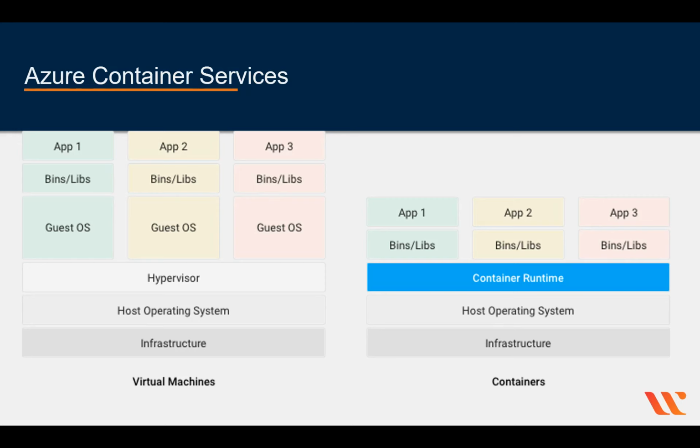That's where we created virtual machines. Every virtual machine had its own guest operating system. The guest operating system could be Windows or Linux, right? So I'm referring to the picture here that you see in the screenshot. The picture on the left hand side has virtual machines, the infrastructure layer, the host operating system layer, and the hypervisor.